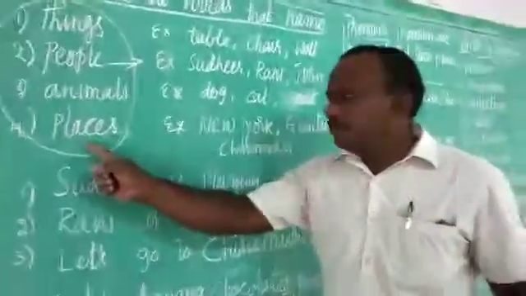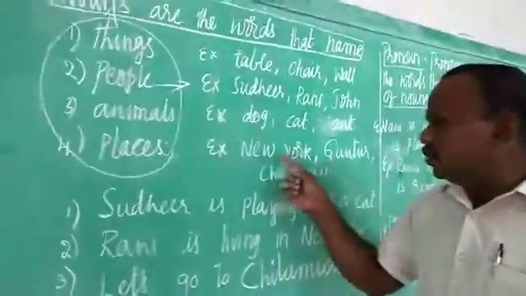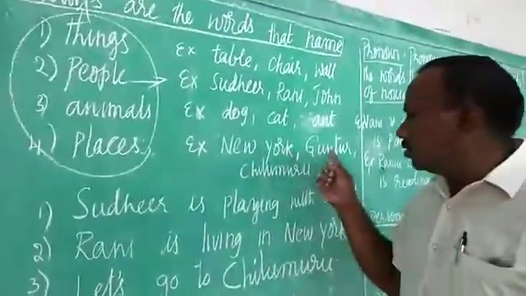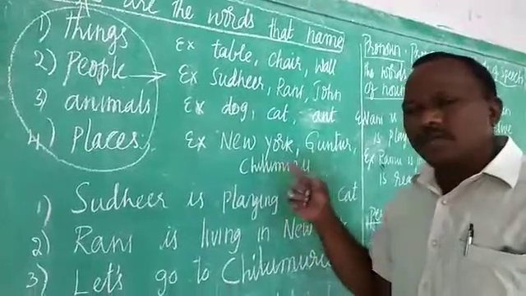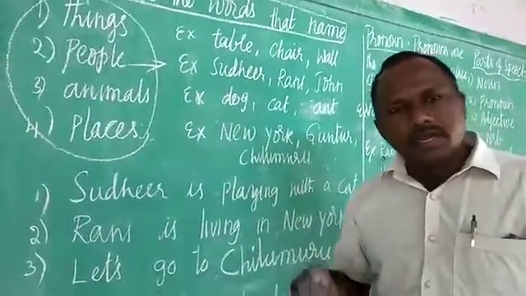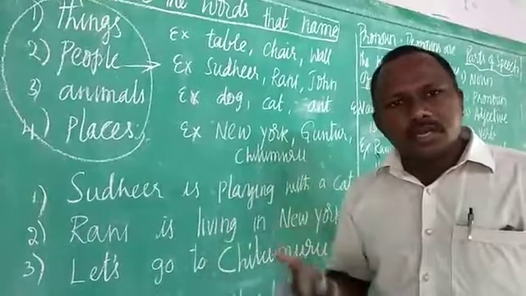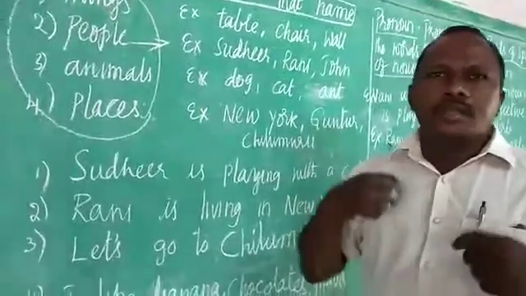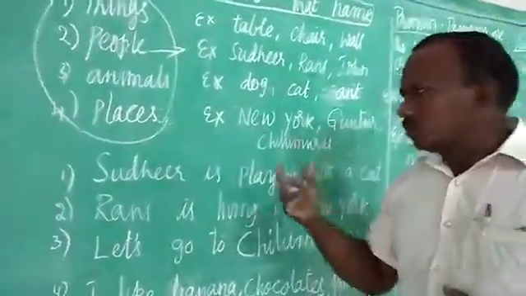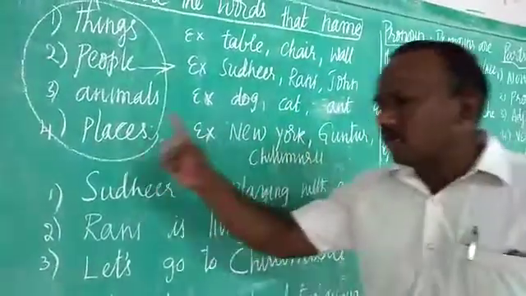Next one, places. I wrote here New York, Guntur, Chilmur, you can write Tenali, Vijayawada, Hyderabad, Chennai. You can take any place, children. All the places come under places.